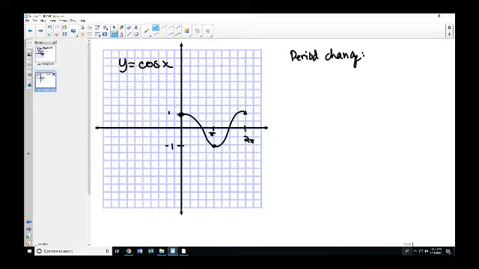Okay, it all depends on a value that happens to be paired with the x. That controls our period change. Okay, any number in front of the x will control our period change.